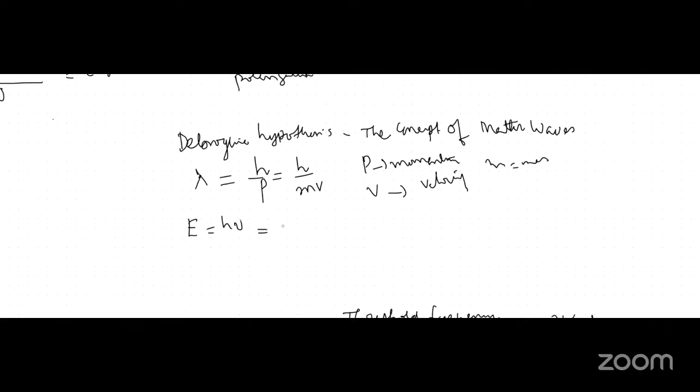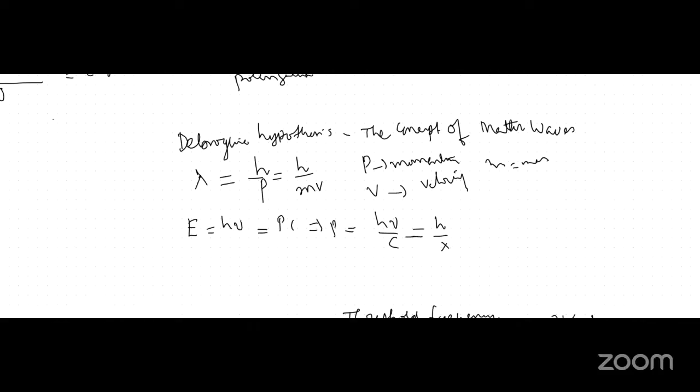That implies p equals h nu by c, otherwise we can write it as h by lambda. So de Broglie assumed that the same relation holds for material particles.